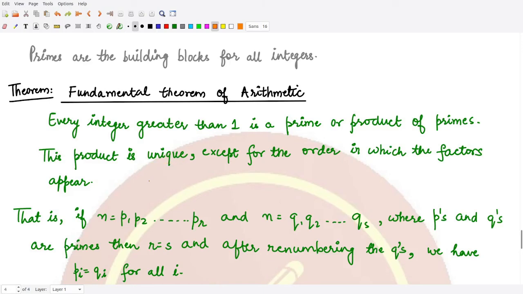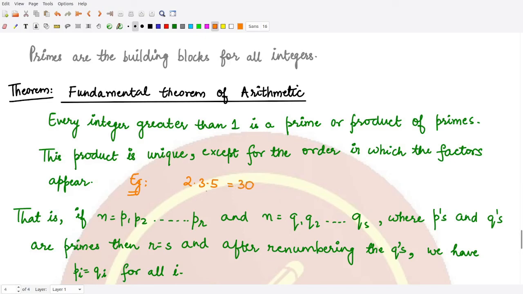For example, suppose we are taking some number which is a product of primes. So you take 2 into 3 into 5, say. 2 is a prime number, 3 is a prime number, 5 is a prime number, right? So it is equal to 30.